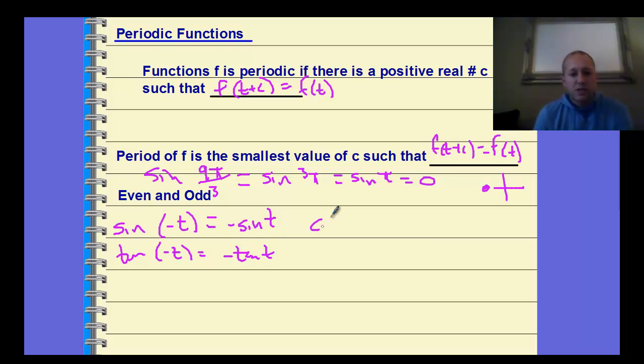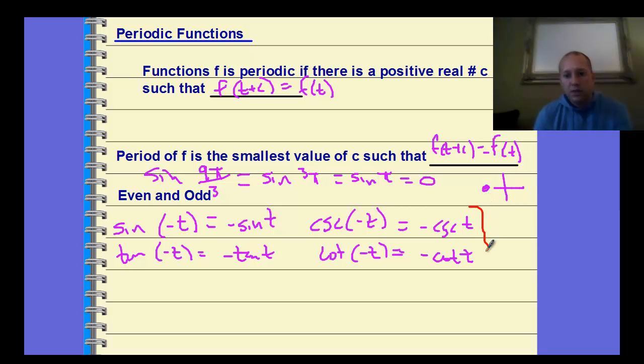The reciprocals have the same property, so cosecant of negative t is equal to negative cosecant t, and cotangent of negative t is equal to negative cotangent t. These are all considered odd, following the same definition of even and odd from back in chapter 1.